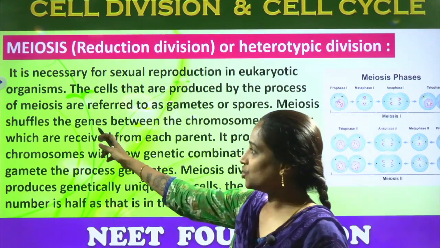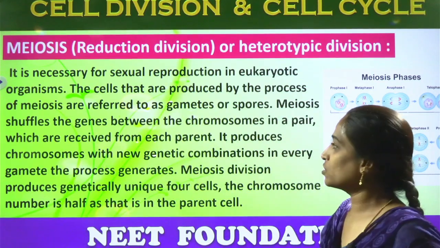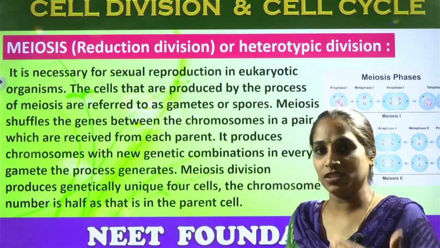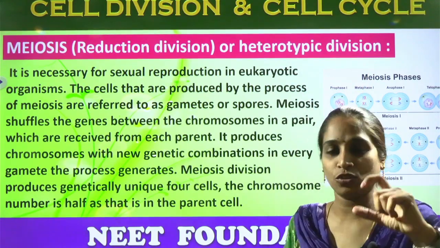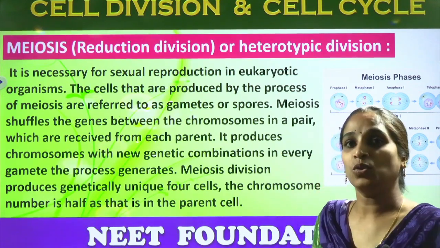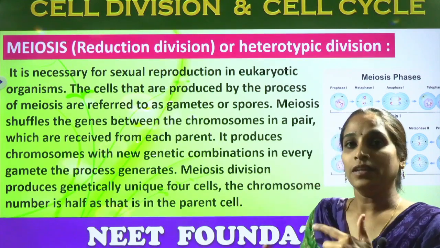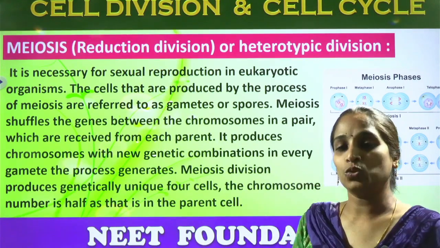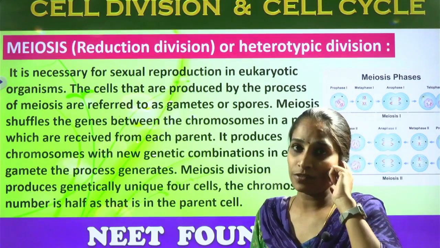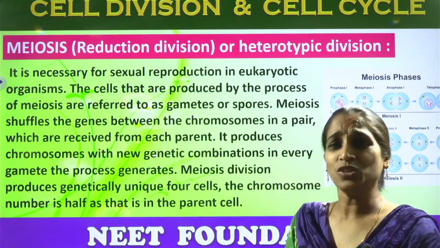The genes are shuffled between chromosomes in a pairing process. At any region, especially the terminal regions of the chromatids, we can observe crossing over, and the exchange of genes gives rise to new characters.